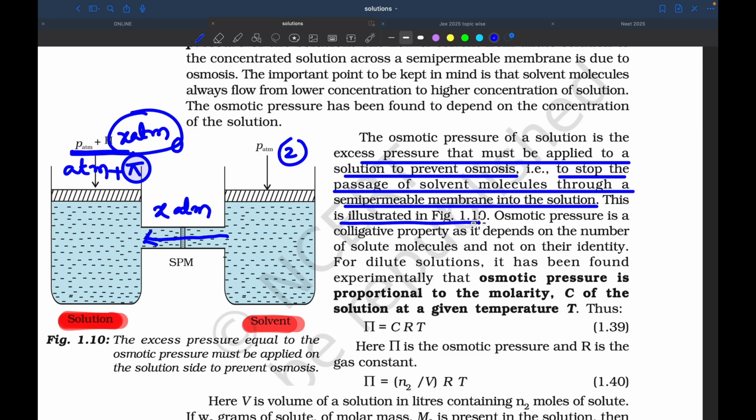This illustration is given in the figure. The osmotic pressure is a colligative property as it depends upon the number of solute particles or molecules, not on their identity.